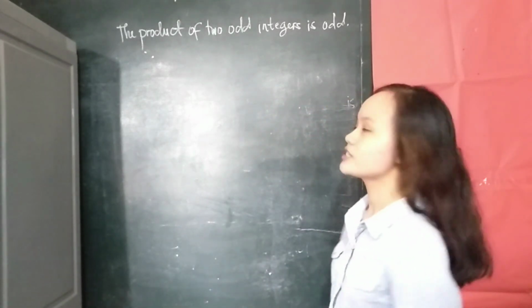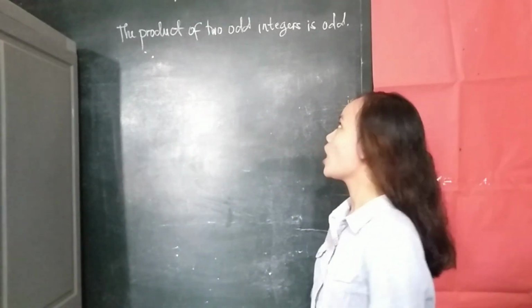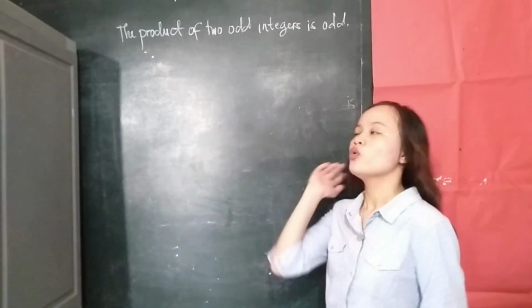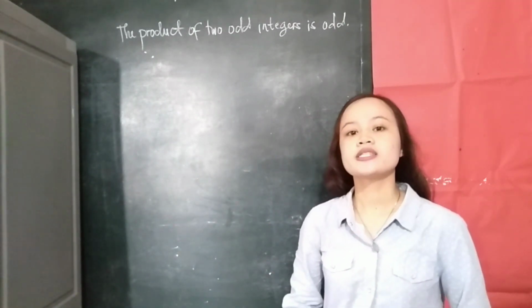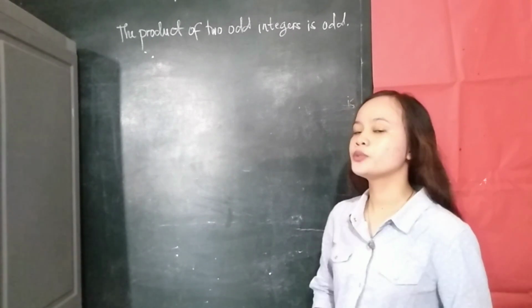So we have here the same problem, the product of two odd integers is odd. We are going to use the contrapositive proof to prove this statement.